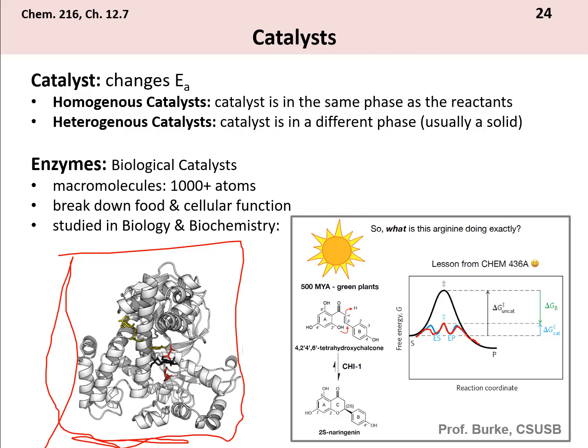So they lower that activation energy. You can see here they actually change it so you end up with 3 transition states instead of 1. You don't need to know this one, obviously. This is too advanced, but this is actually something I stole from another professor of biochemistry. And so enzymes are very important when you talk about biology and biochemistry.